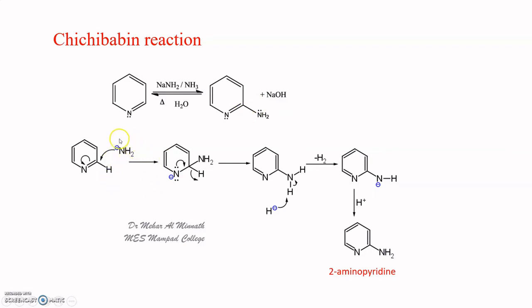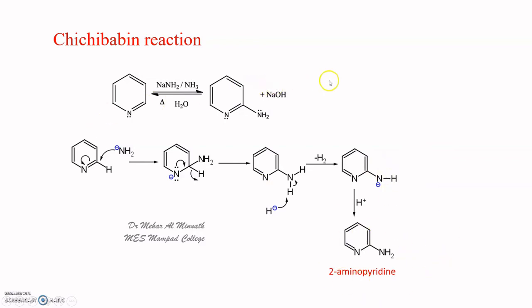The amide group attacks this ortho carbon, and then later on the hydrogen proton on the ortho carbon, ortho to the heteroatom, is removed, and then one more proton on the nitrogen is removed, and a negatively charged nitrogen is formed here, and then protonation happens. And you get 2-aminopyridine.